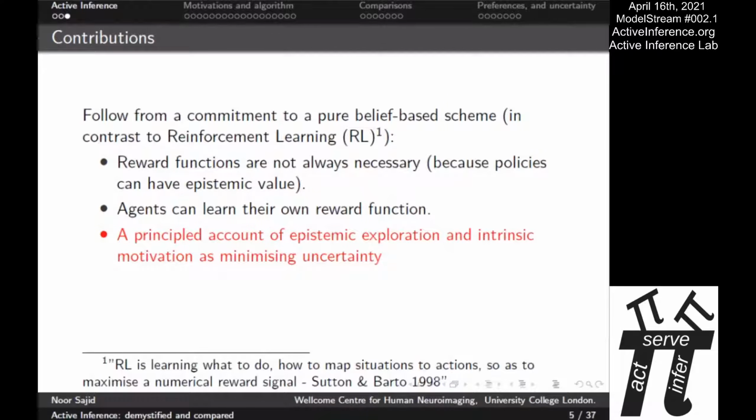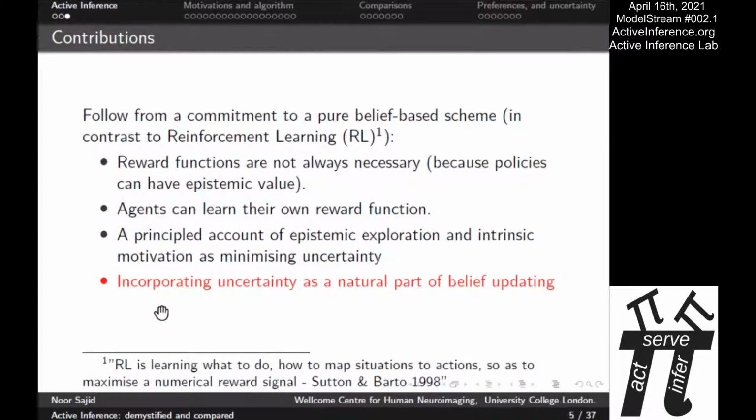So it's an outstanding problem within RL, and under a Bayesian framework, active inference deals with it naturally using the expected free energy formulation that I'll come to in a moment. And the last bit that you can see within the active inference framework is that it naturally accounts for uncertainty as part of the belief updating process.